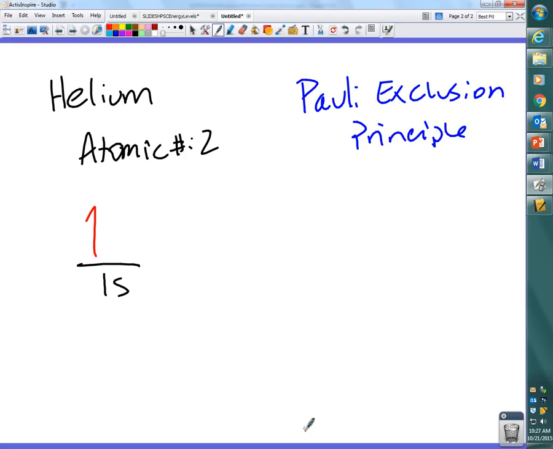So we have to distinguish this electron from the next electron. This 1s orbital is not full. It can hold another electron, but it's got to be different than this electron. We represent that with another arrow, but that arrow points downward instead of upward. Feels good.